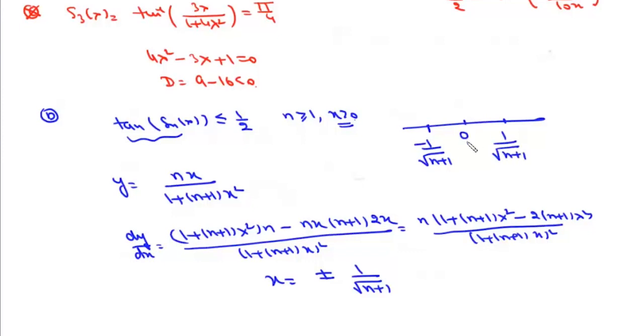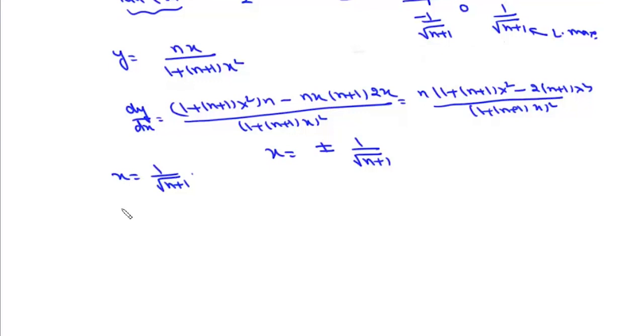Now we do not know anything when x is less than 0, so we are just concerned with this point. Now going from the right, it is minus and then it is plus. So we'll have a local maxima when x is 1 upon under root of n plus 1.